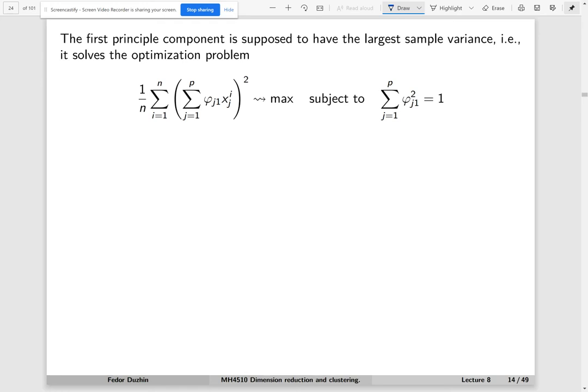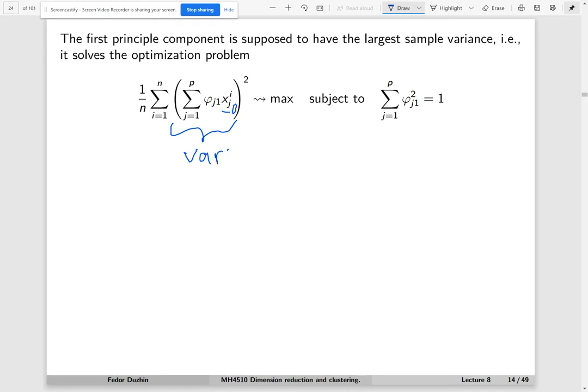Notice that we already assumed that all our observations have zero mean, which means that this square, well, minus the zero mean here, I just didn't write it. So this is really the variance of my first principal component, right?